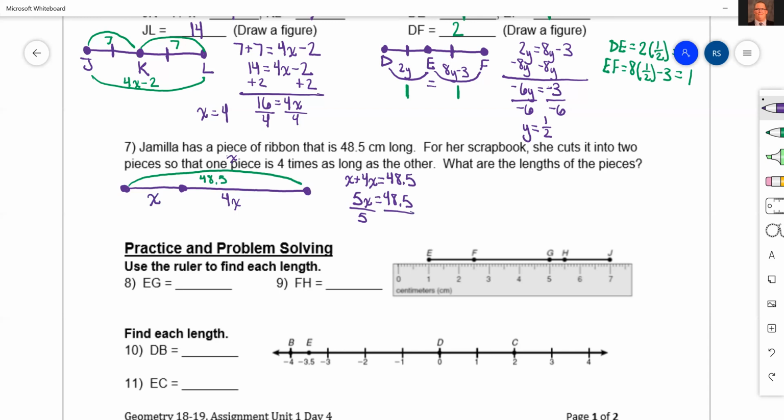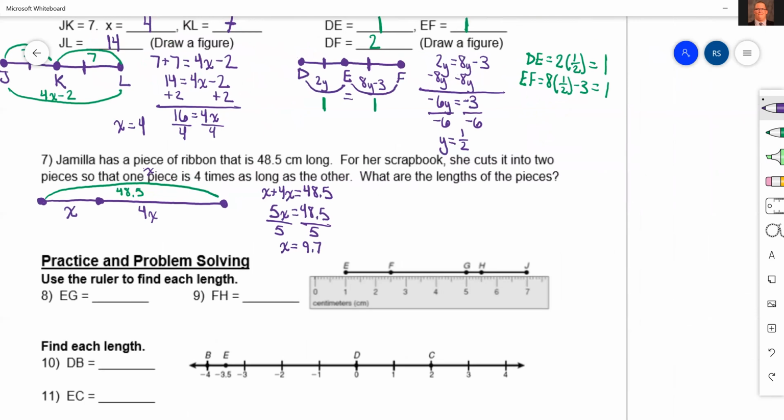Divide by 5. I get x equals 9.7. So one piece is going to be 9.7 centimeters. The other piece is 4 times as long. So I'm going to say 4 times 9.7.